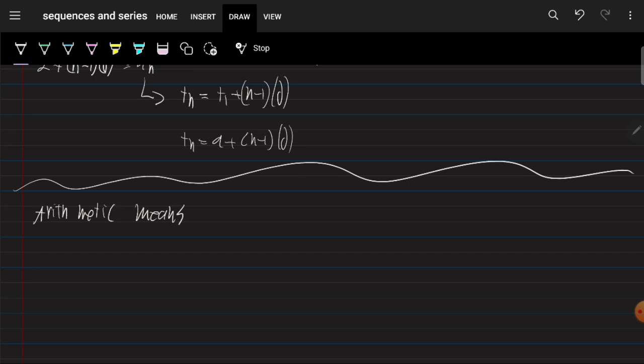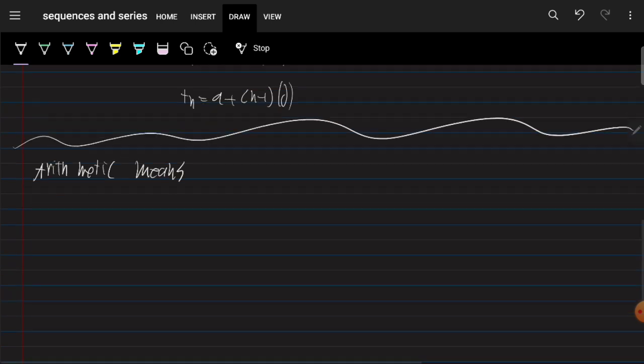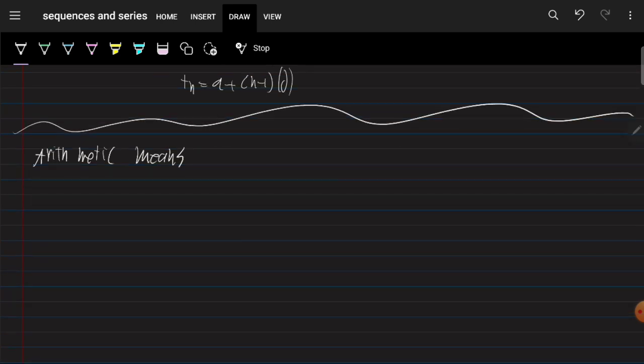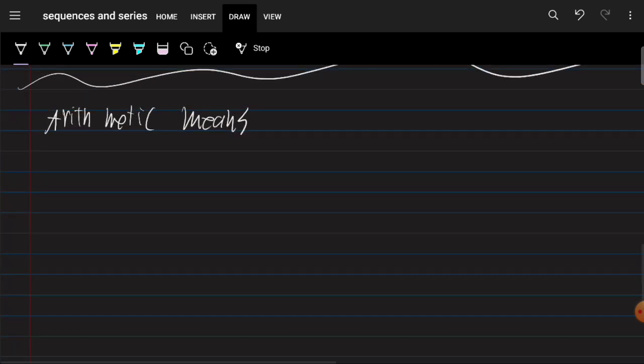So in arithmetic series and sequences, we could talk about something called an arithmetic mean. So what is an arithmetic mean? A mean is just an average. So mean is the word we use in math for average. And an arithmetic mean essentially means to have evenly spaced numbers between two other numbers. Here's what I mean.